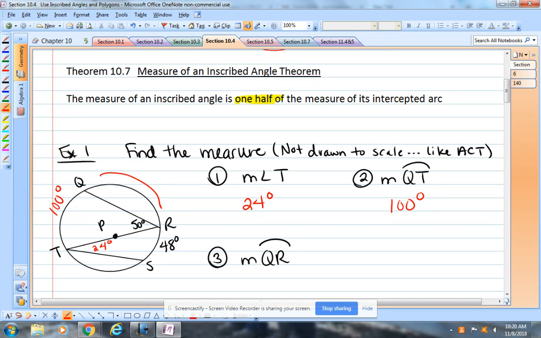Goes through the center. Even though it's not drawn to scale, it already tells us it wasn't, right? That's right. This makes a semicircle. Because wherever the point is, that's your center. So if a chord goes through the center, it's the diameter. So the arc that connects the diameter is a semicircle, which is 180. So what is the measure of minor arc QR going to be? 80 degrees. 180 minus 100 is 80 degrees. Y'all see how we did that? So look for those diameters. Okay? Good job.